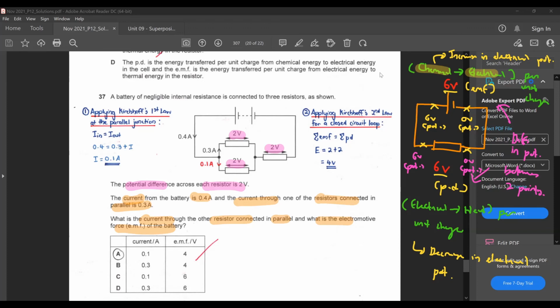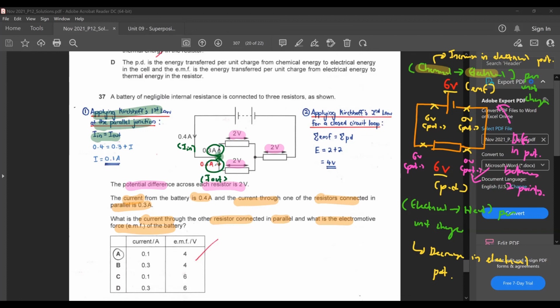You notice that this is a junction, right? If you apply Kirchhoff's first law at the parallel junction, current in is current out. This one is your current in to your junction. This one and this one is your current out of junction.